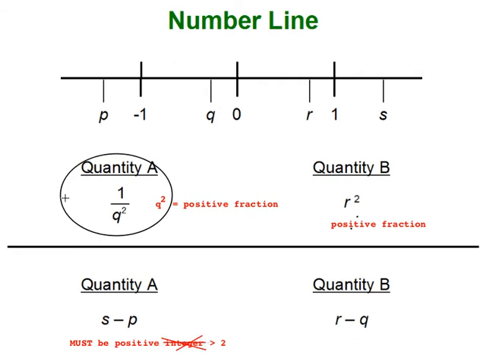So does everyone see that? Hopefully. That if we take a positive number and we subtract a negative number, we're adding them together, we're going to end up with a result that's greater than 2, because we know s is greater than 1, and p, dropping the negatives, is also greater than 1. So we're going to have a positive number greater than 2. For quantity b, we have a fraction, and we're subtracting a negative fraction.